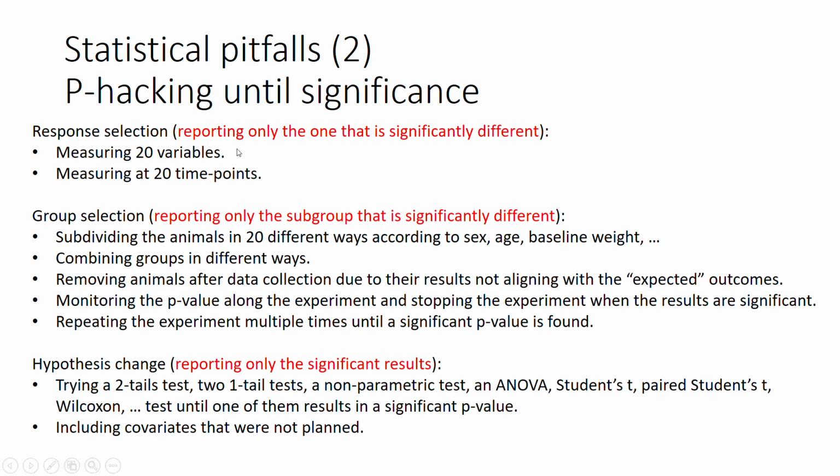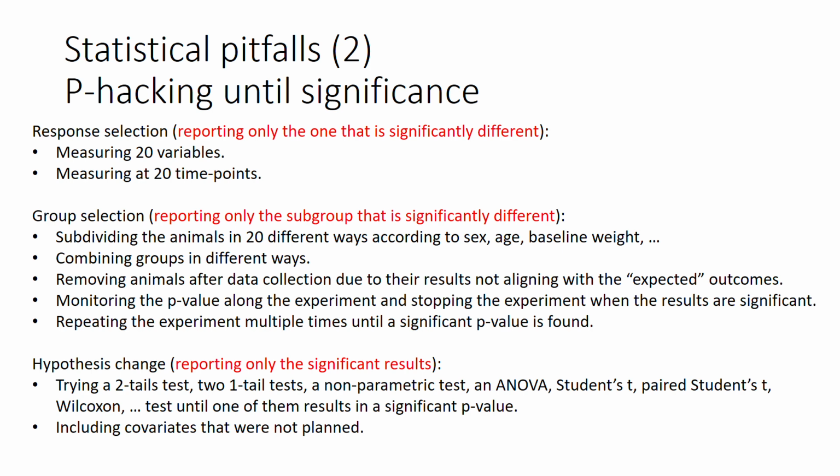Or including covariates that were not planned. So you include all kinds of covariates in the analysis, such as temperature or lab humidity, and for every variable that you add, you again have a 5% probability of declaring a result significant when it is not.